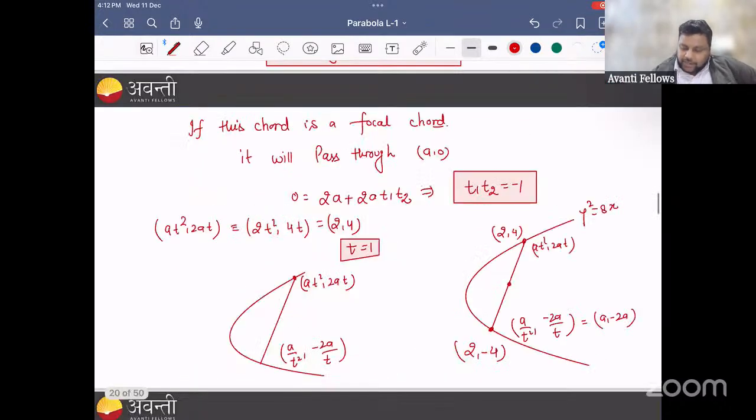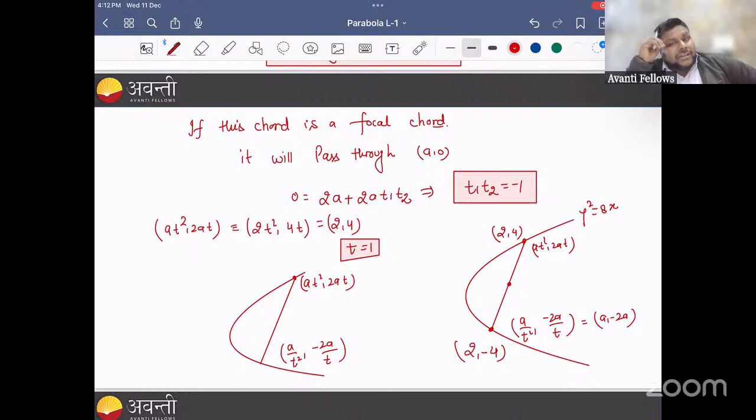Now, if this is a focal chord, if this chord is passing through the focus, it will pass through (a, 0). So the chord passing through (a, 0) means t1 t2 equals minus 1. Am I clear? That means if I had to assume the ends of a focal chord, I don't have to use two parameters.